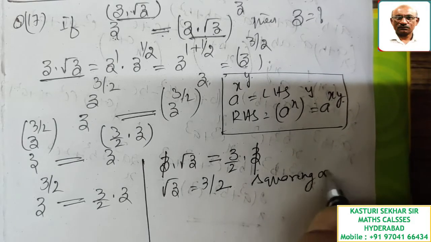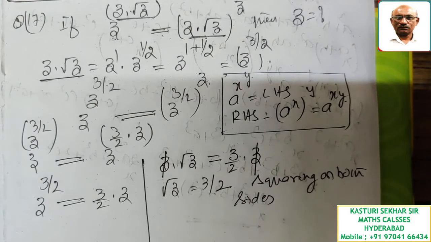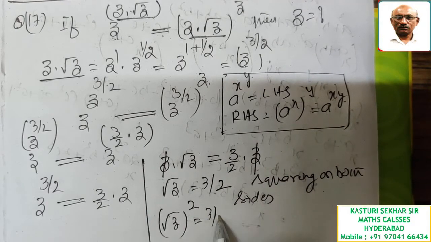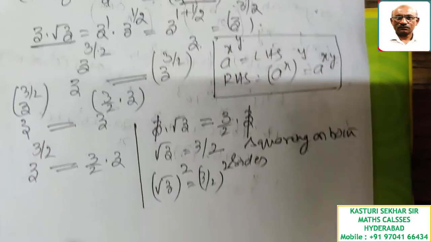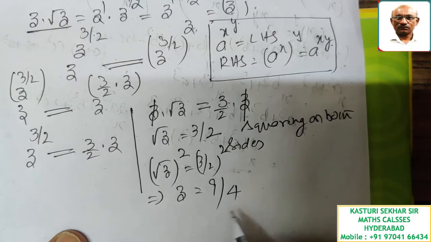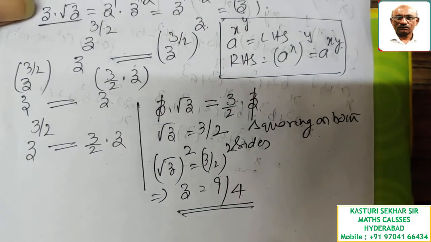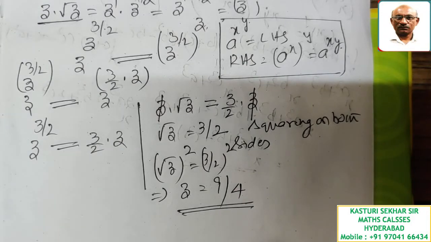Now squaring on both sides, (square root of z) whole square is equal to (3 by 2) whole square, which implies z is equal to 9 by 4. This is the answer to the given question.